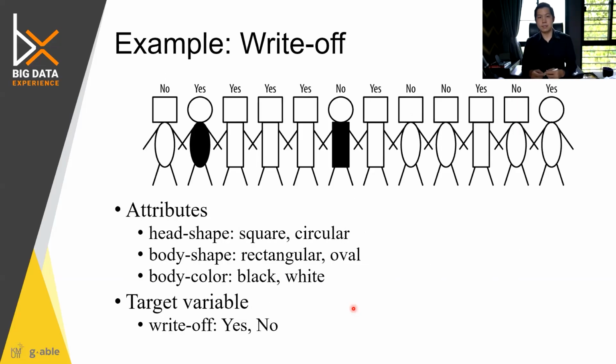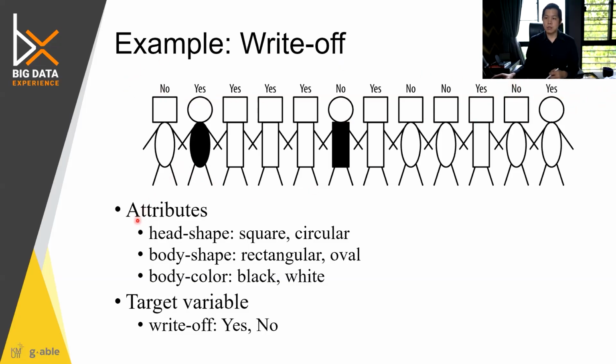Let's take a look at this example. This is an example of, let's say, the write-off. Write-off indicates not paying, where maybe these individuals would not pay the loan, the rent, or whatever. And then we want to predict which will write off. Now we have the labels here above the head.